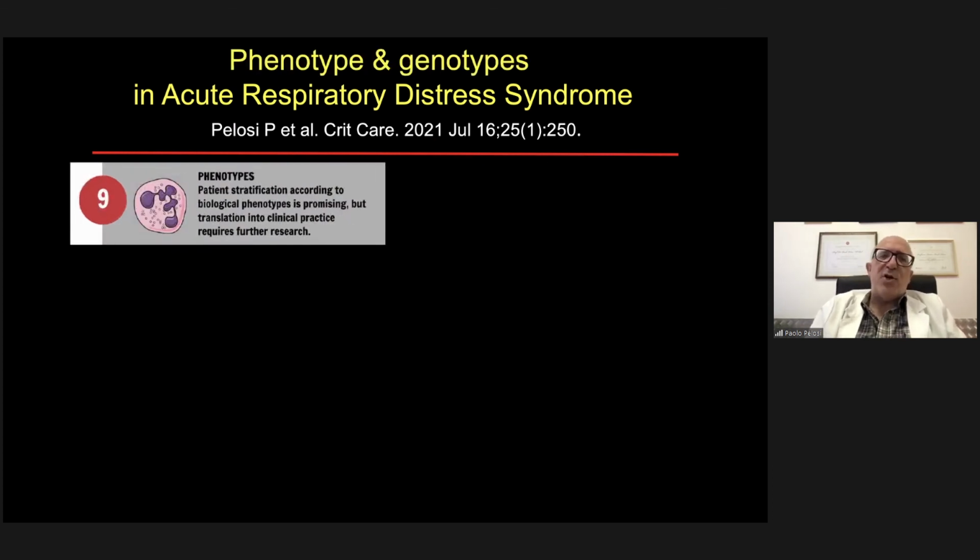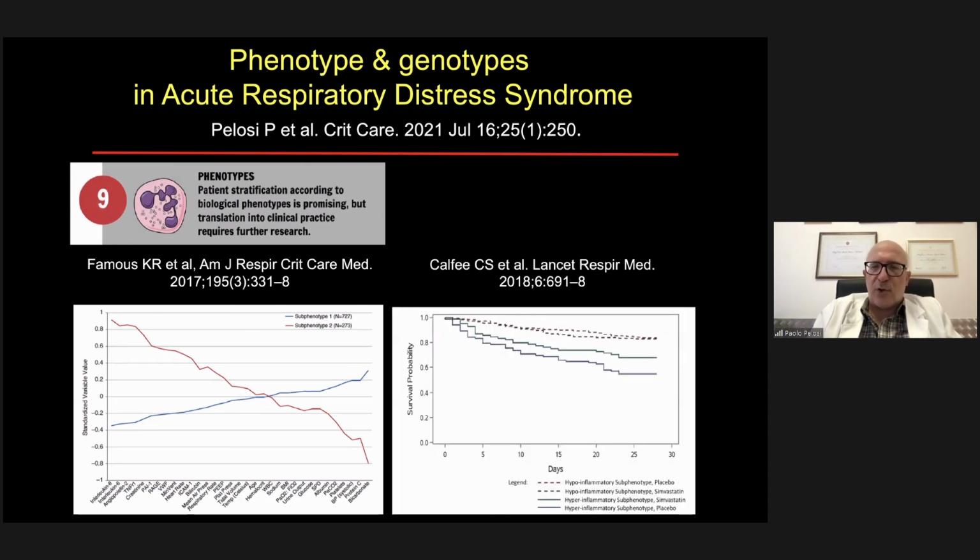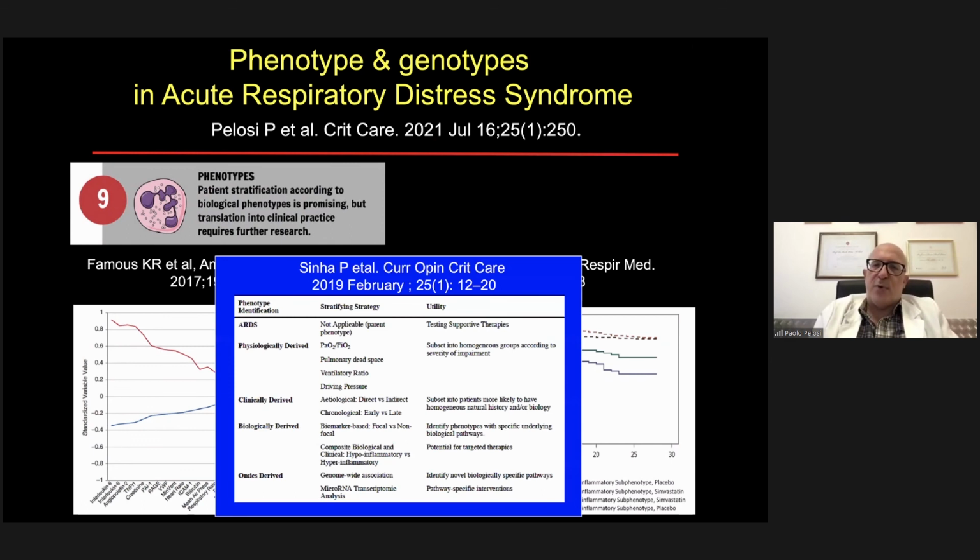Phenotype stratification has been further under discussion. It is very promising, but translation into clinical practice requires further research. This is one of the first studies showing different phenotypes, phenotype 1 and phenotype 2, according to different variables, also in terms of outcome. And more recently, you see here that hyperinflammatory as compared to hypoinflammatory subphenotypes responded differently to simvastatin, so this might be open also to different response to treatment.